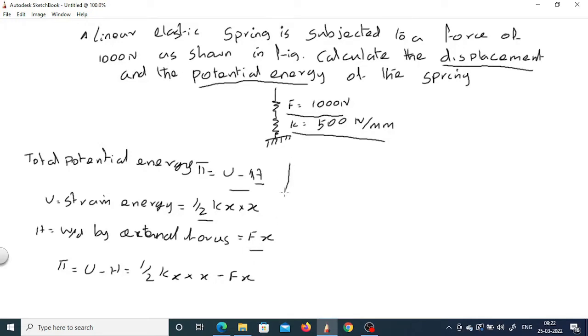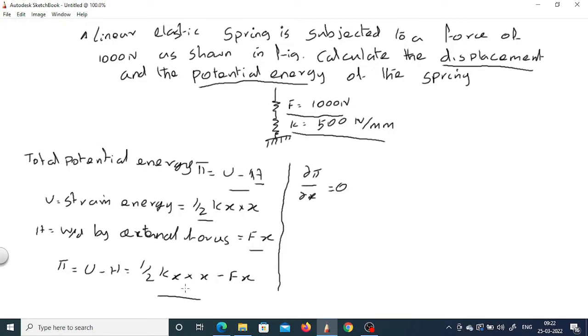Initially we consider the spring in a stationary position, so the total potential energy condition can be written as dou phi divided by dou x is equal to 0. We already found the phi value, 1 by 2 kx into x minus Fx.